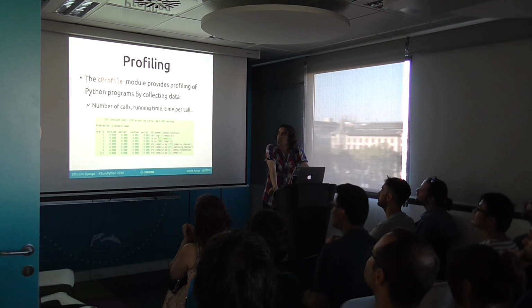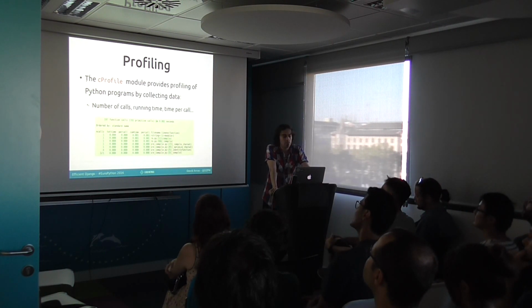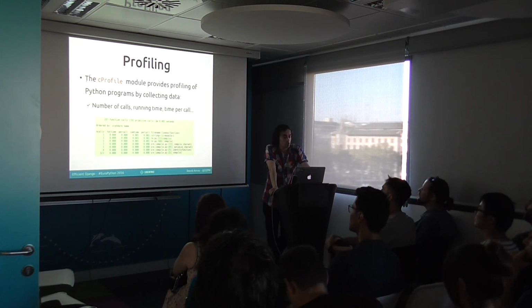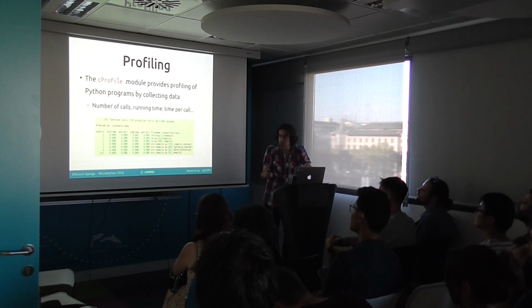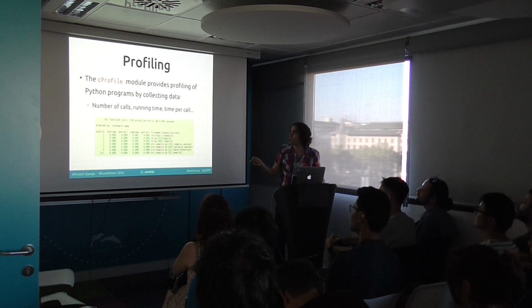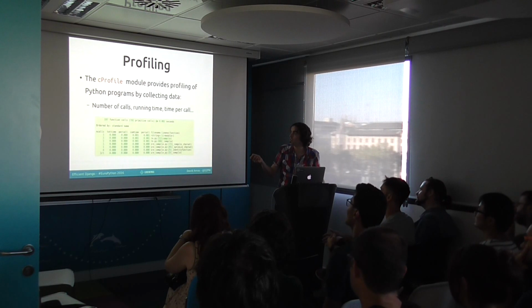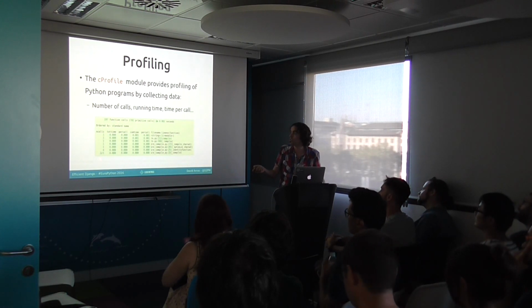Profiling. In Python, we have the cProfile module, which is standard and allows you to do profiling of programs. So you just run the program with cProfile, and it will show you some information, the number of calls. So for example, this would be the code in the official documentation. The number of calls, how many times it called each one.